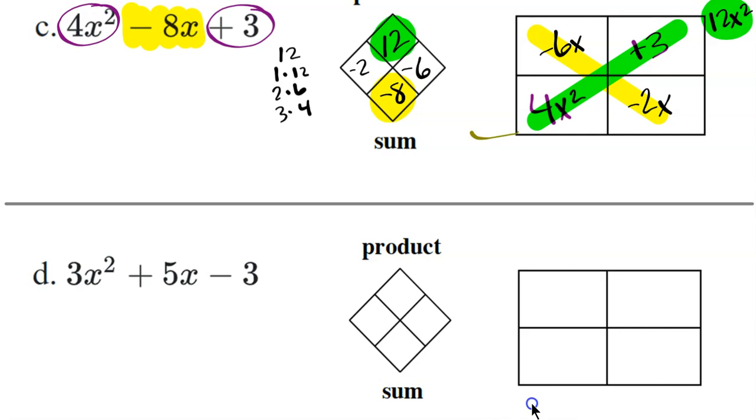And so we're just going to put some of these here, and we'll put some of these here. We know we need to have an x and an x every single time. And in order to get the 4 and the 6, we need a 2 and a 2, and a 3 and a 1. The only way we're going to get that 3 in the upper right-hand corner is with a 3 and a 1. Now we just have to figure out where each goes.